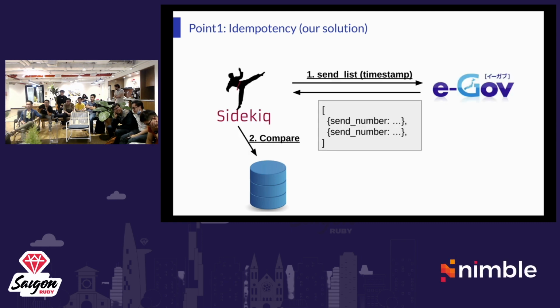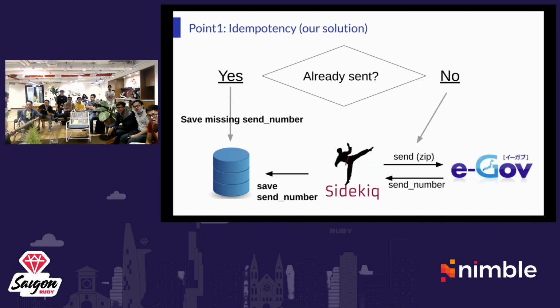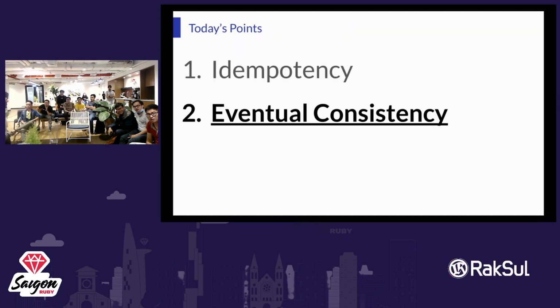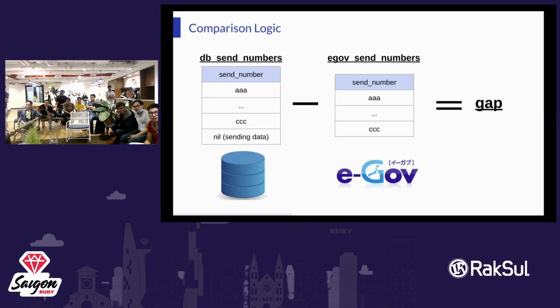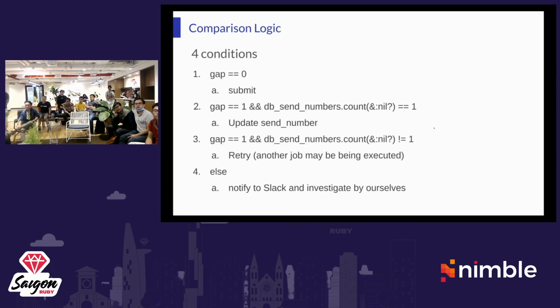I see. So we call the sendList API, and then we compare the results. Actually, this logic is very complex, so I made another slide. The numbers sent here, and then the numbers Ego sent. This is the response of the sendList API. Then we compare the results, and there is a gap. There are 4 conditions.